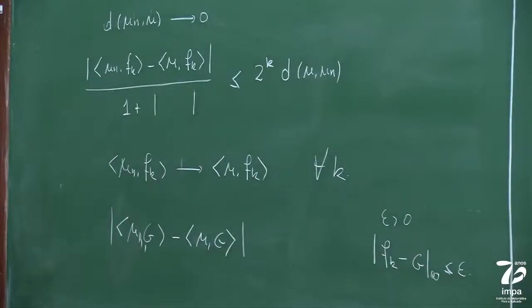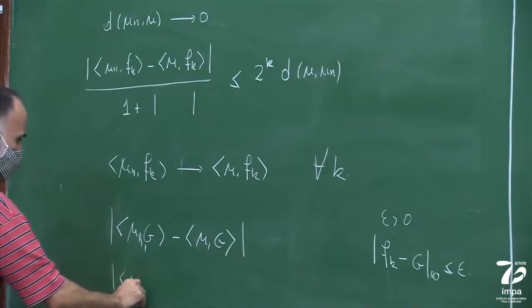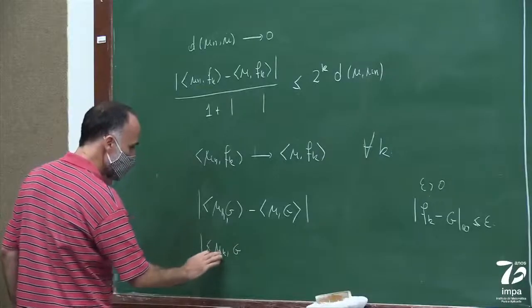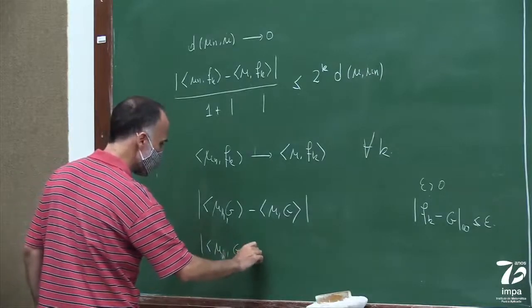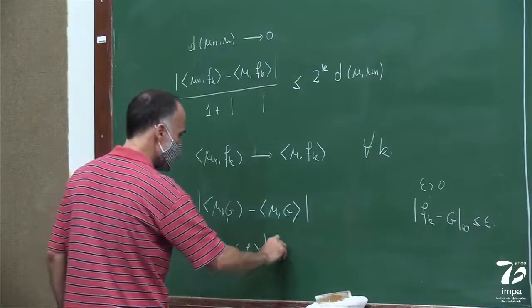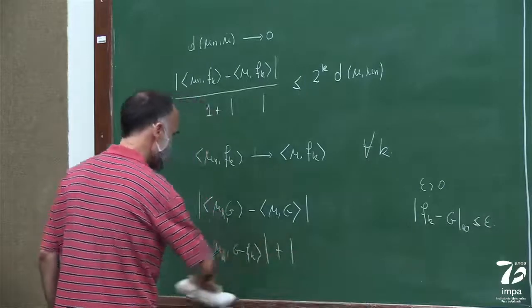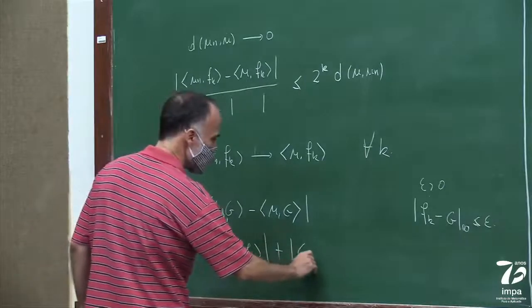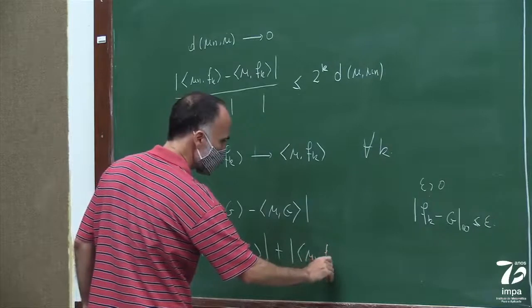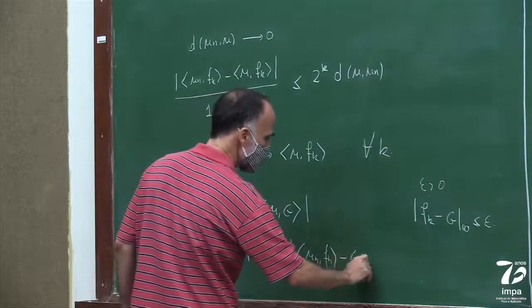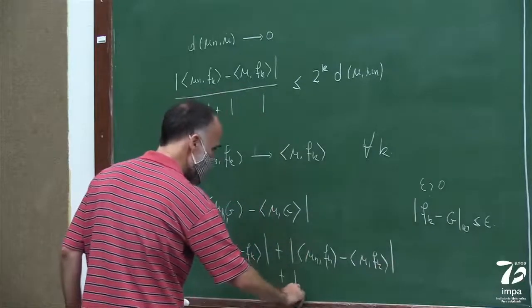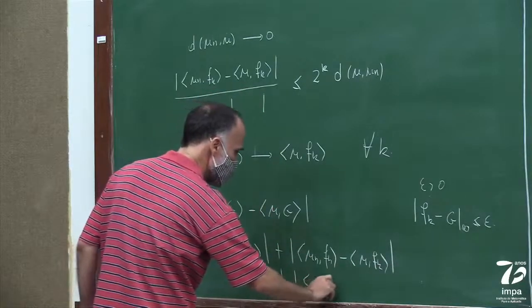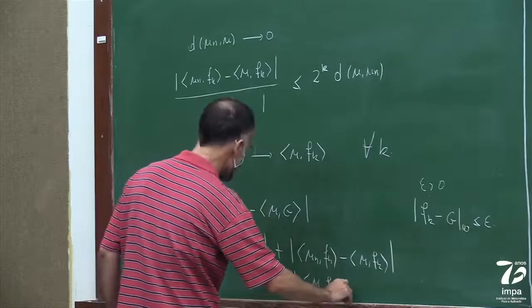So by triangle inequality, this is bounded by mu k, mu n g minus fk, plus mu n fk minus mu fk, and then plus mu fk minus g.